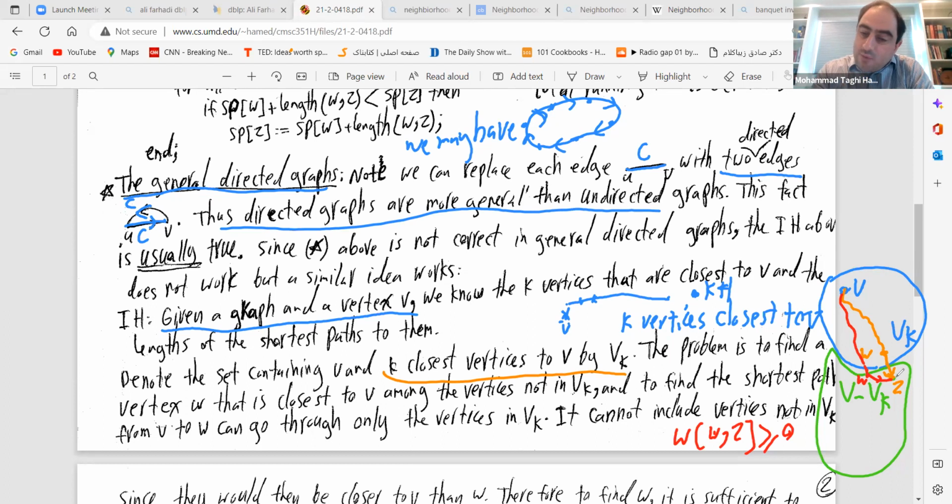It means that for Z, the vertex just before that should be in Vk.